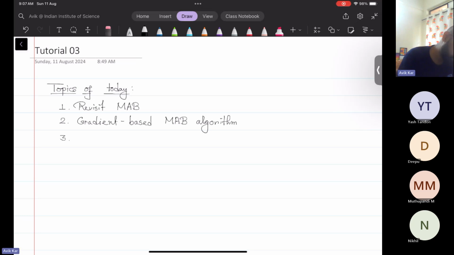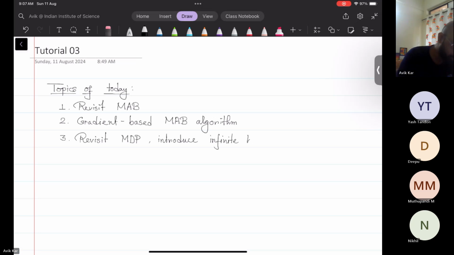Then we revisit MDPs, and alongside, we'll introduce infinite horizon MDPs.